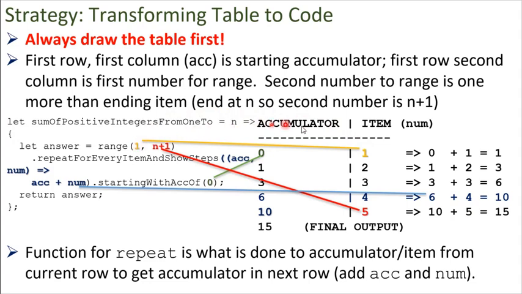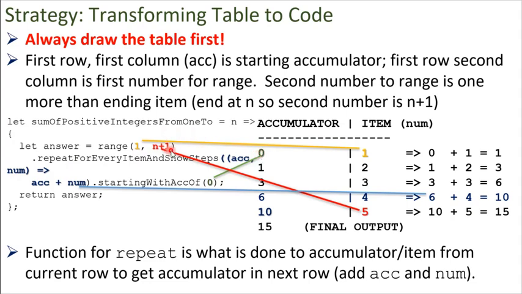Because that's going to be the first one that goes for this second input to the function, and this is the one that goes for the initial first input. So this is the initial first input, and this will be the initial second input, right?